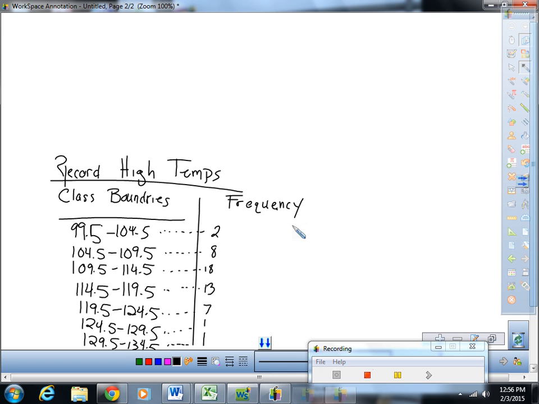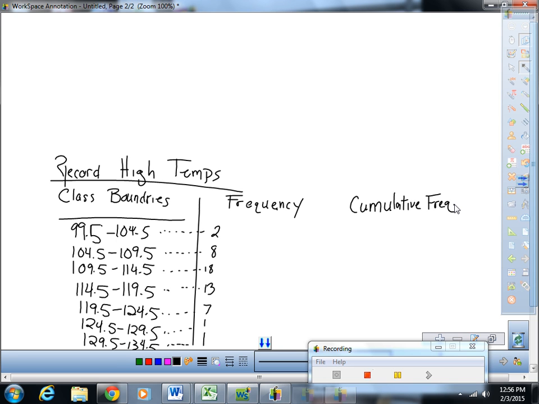Over here now, we need cumulative frequency. And I kind of explained this to Madison yesterday, but I'm glad I get to do it for everybody because I think some of you are kind of lost that this even exists.